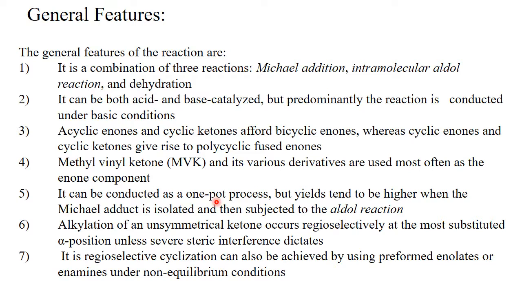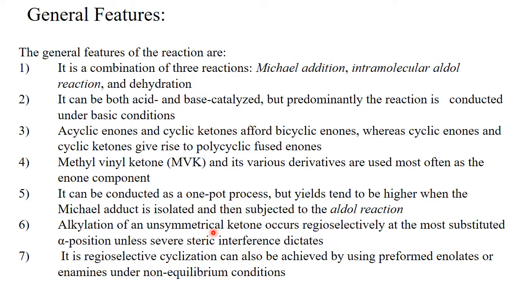If both reactants are cyclic, the product will consist of a polycyclic fused system, but among these fused rings, one ring must be the cyclohexenone ring.